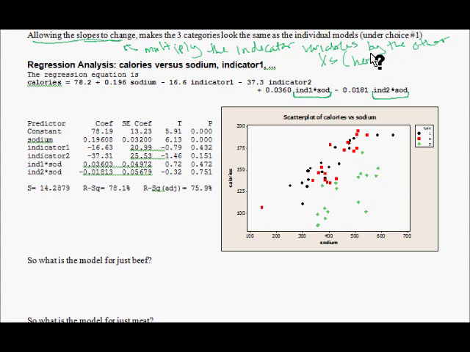Here, that's just sodium. We only have one other x. If you have more than one x, you have to do it for each of the x's. Here we have one x, sodium.